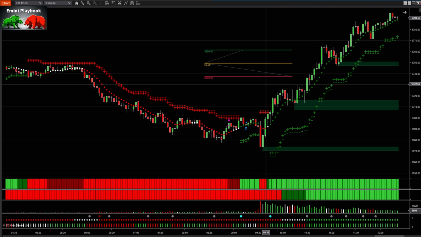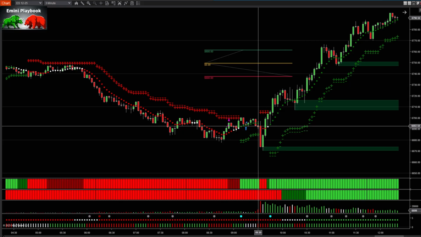What we do want to look at this loss with is that it was very well planned out. We executed properly. We waited until the market came to our price point. We had an excellent limit order when we set this limit order, when we were back down here and we were anticipating the market continuing to go down because of all of this red activity.